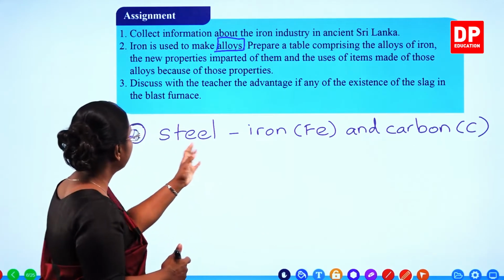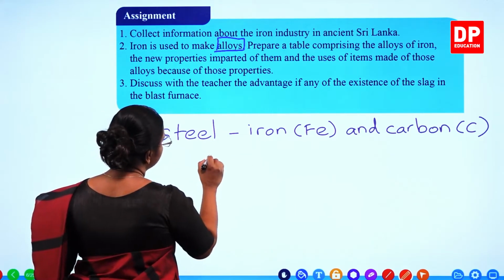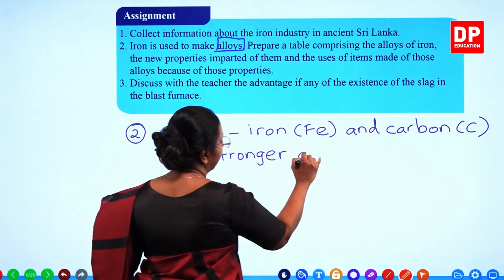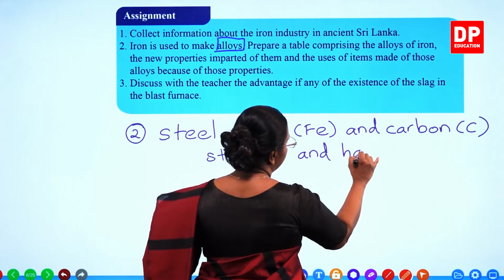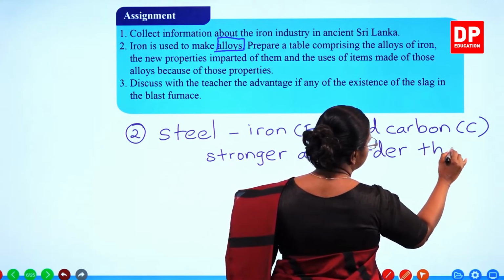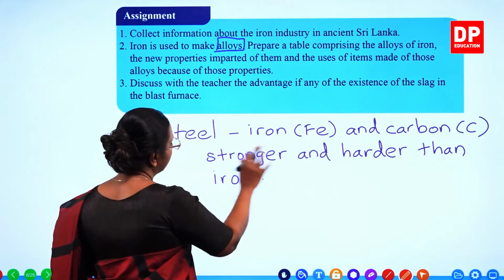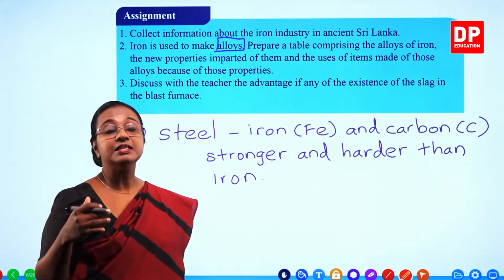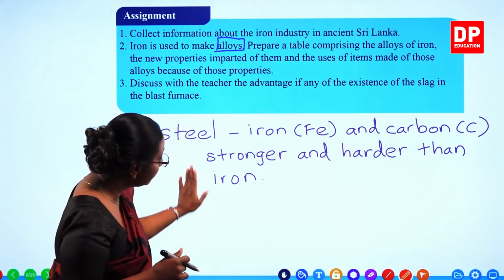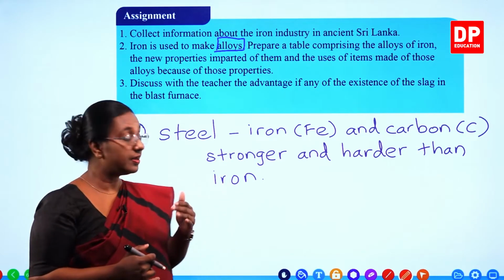So, structures made up of steel, you can get a lot of examples. We can use this steel to make many structures. You can refer to those as well. So, here I'll just give you all an introduction to the different types of alloys.